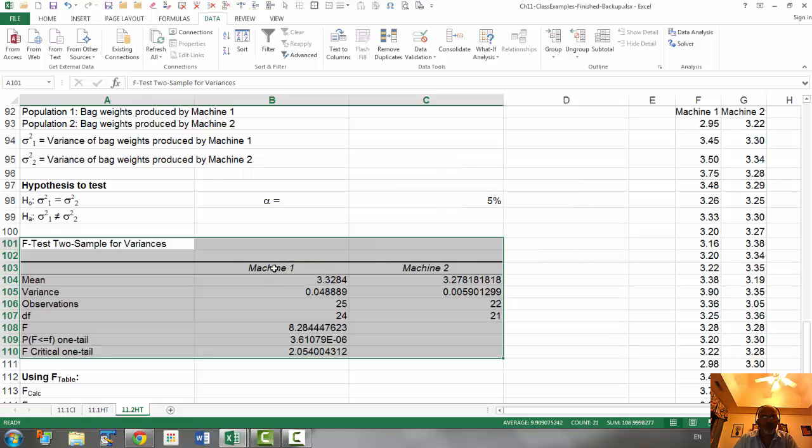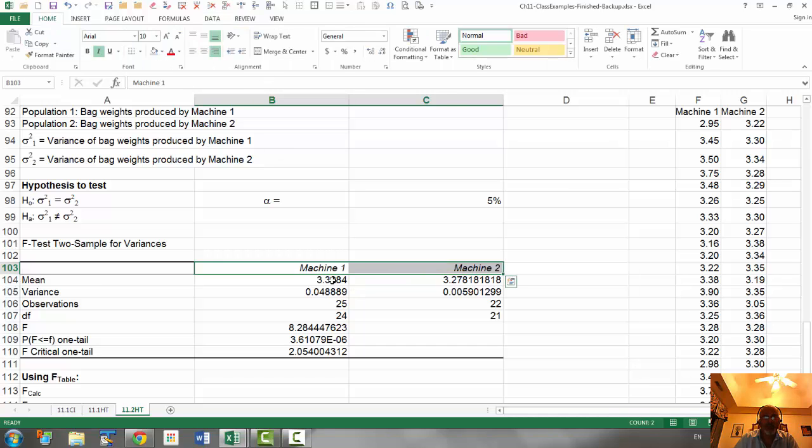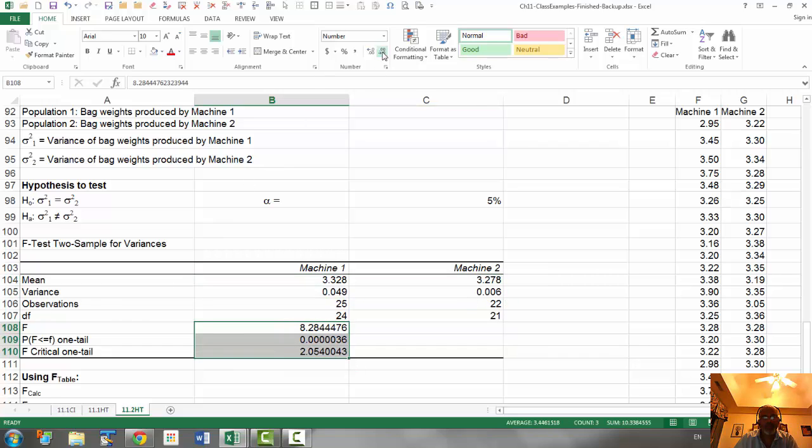So now we have the output from data analysis. Let's do some formatting. It gives us some basic statistics, the mean and the variance. The observations is your sample size, and you have the degrees of freedom.